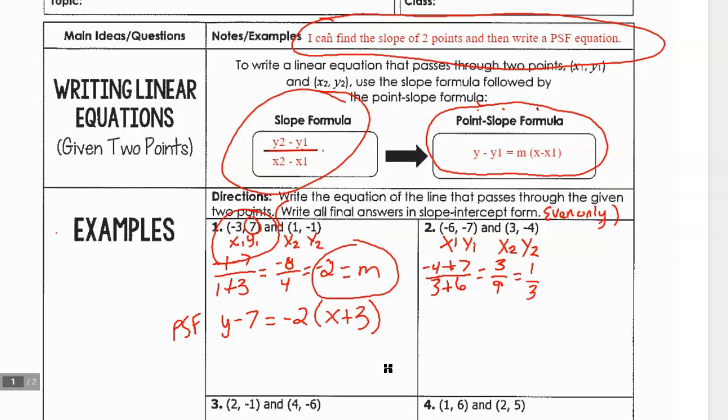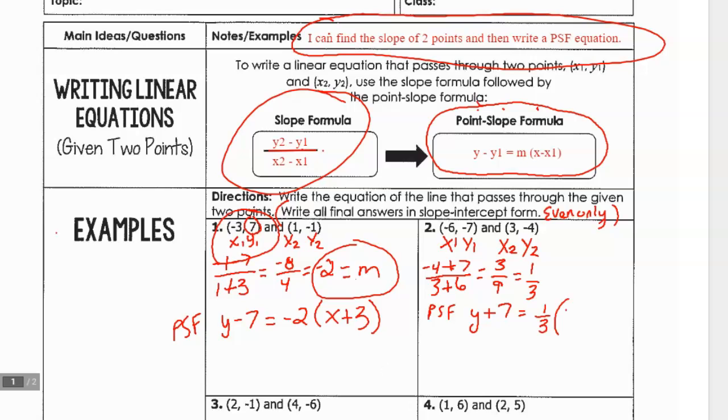Okay, now I write my point slope form equation. y plus 7, because that's y minus y1. So the 2 negatives become a positive, equals my slope, which we've decided was 1/3.